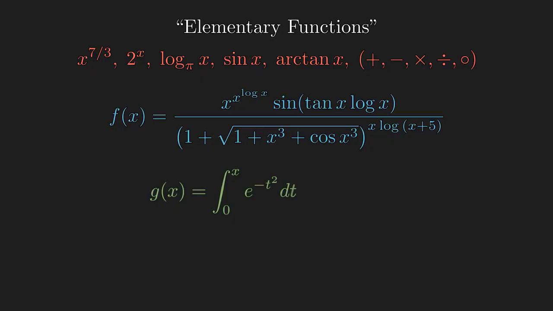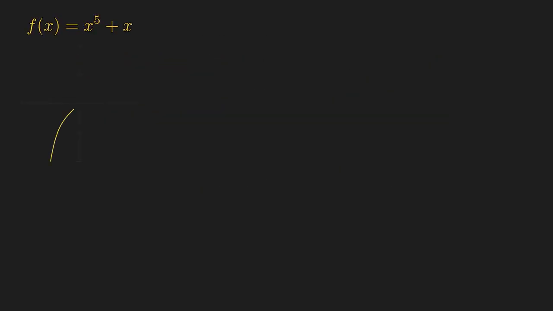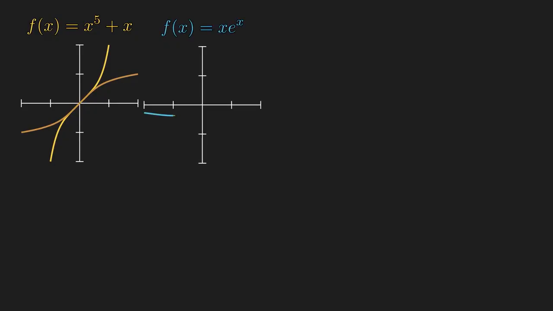As for a non-example, the integral of the bell curve is non-elementary, but it was useful enough to have a name, the error function. Most of the time, inverses of some of the simplest functions are not elementary, like this quintic, or each branch of x times e to the x.